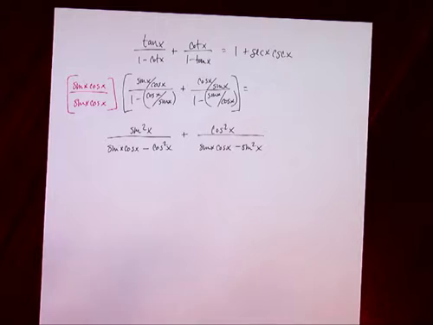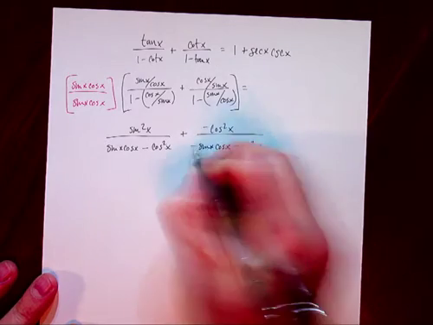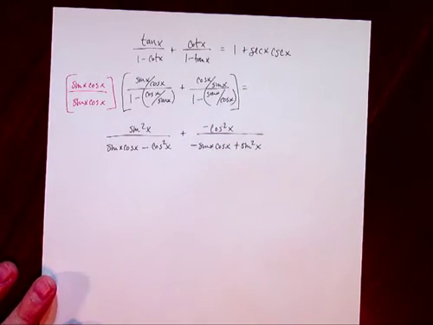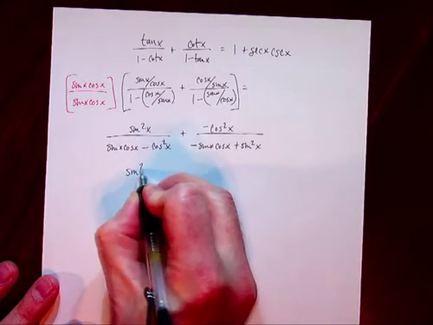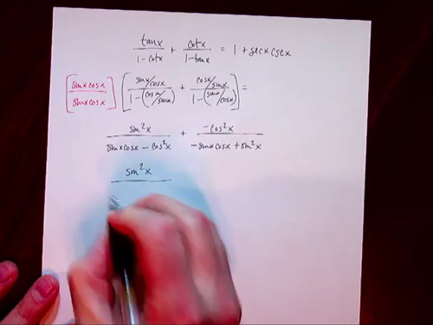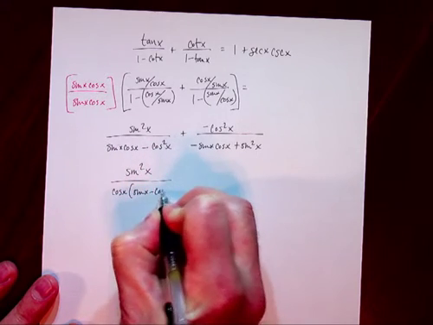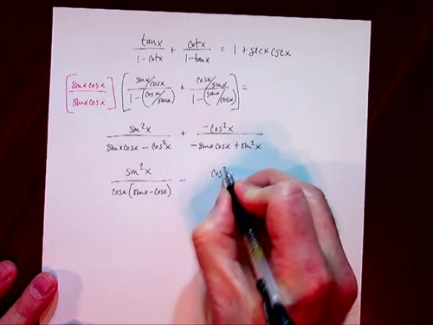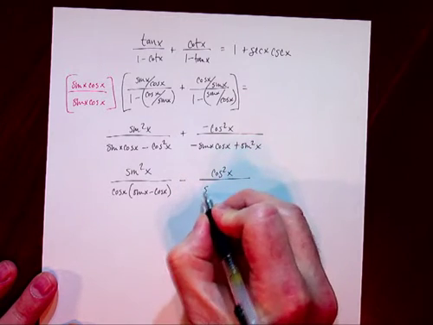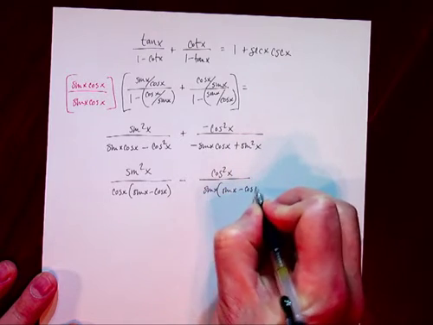So I'm going to do that, and I can do that first or I can do that last. So I could actually turn that into negative cosine and flip those signs. And if I do that, I get sine squared x over cosine x times sine x minus cosine x. I get minus cosine squared x over sine x times sine x minus cosine x.